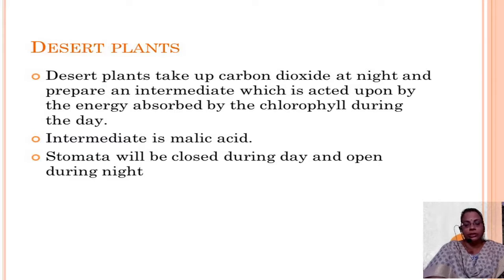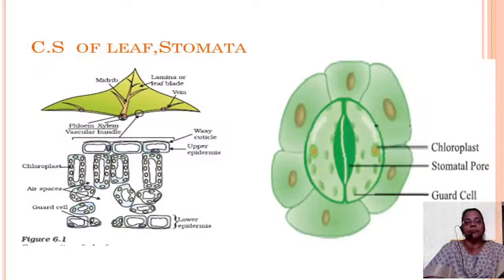Now we'll move on to the next slide, the section of the leaf, where you can see the upper epidermis. Here and there the presence of stomata also can be seen. Through that only the carbon dioxide will enter, and there the photosynthesis takes place, and the oxygen also will be released out through the stomata.